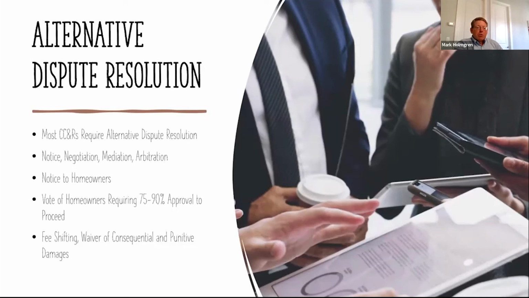Consequential damages are those that reasonably follow from a breach of the contract. Let me back up and I'll tell you, direct damages are the simple damages. You have a construction defect, the roof leaks, it causes damage to the drywall, and your direct damages are the cost of repairing the damaged drywall and repairing the leaky roof.